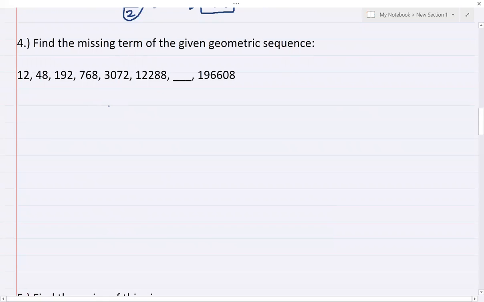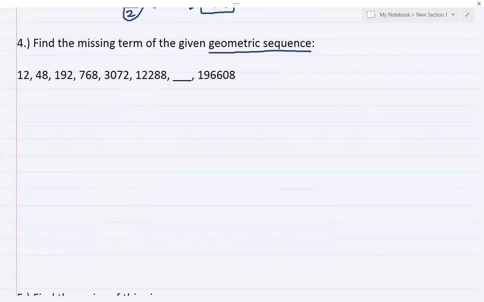Now let's proceed here. Find the missing term of the given geometric sequence. So how can we find this one? Since it is a geometric sequence, what is one thing that you need to remember? For the arithmetic sequence, we have the common difference.